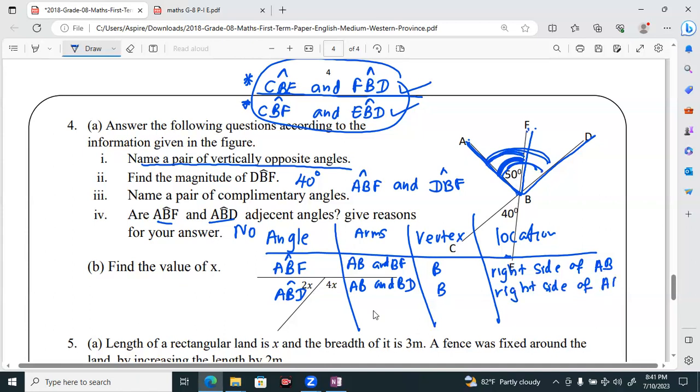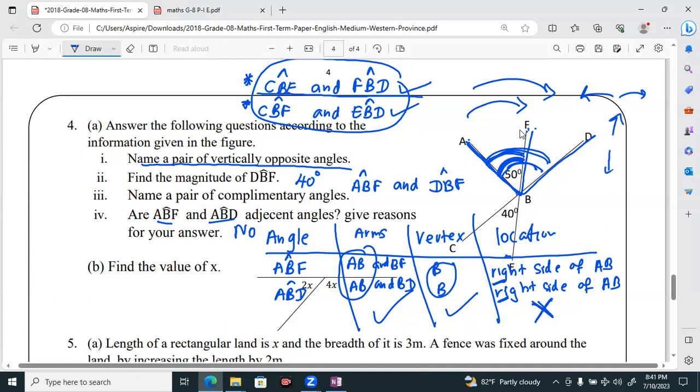Then it consists of a common arm and a common vertex, but they do not locate on either side. The location is not common.